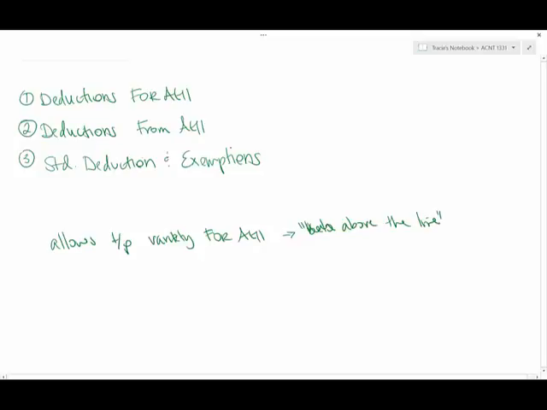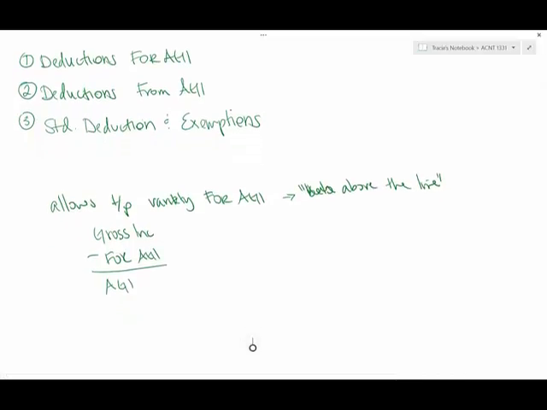That means in the formula I take gross income and I subtract FOR AGI deductions to come into my calculation for AGI, as opposed to deductions from AGI, which are subtracted directly from AGI to calculate taxable income.